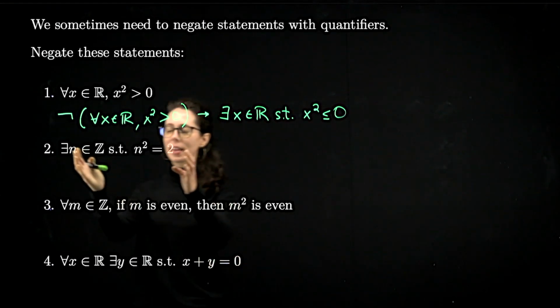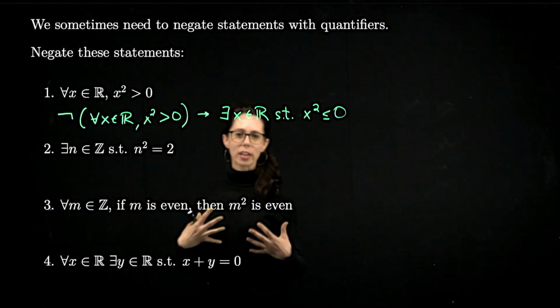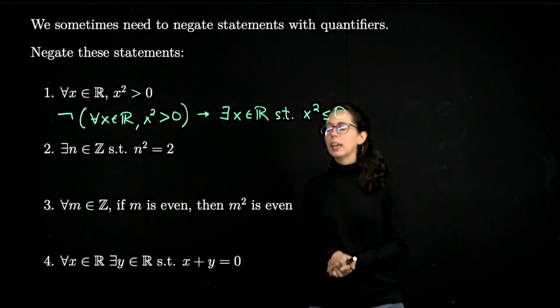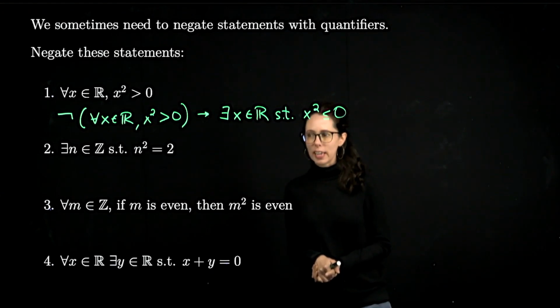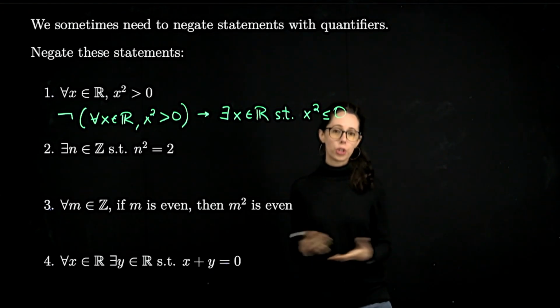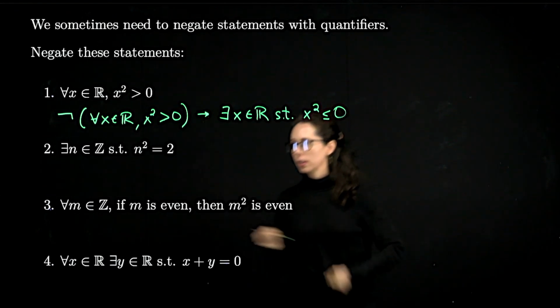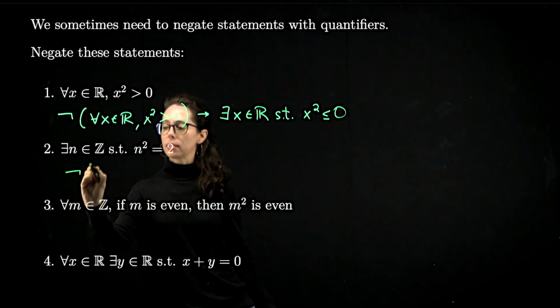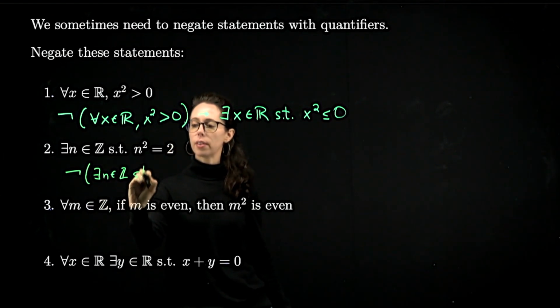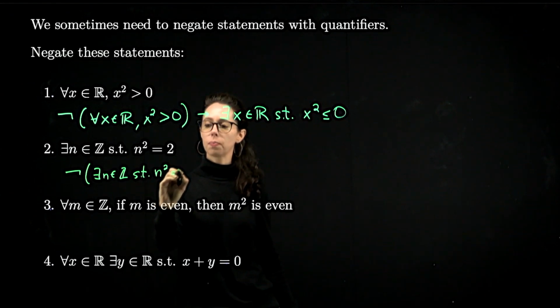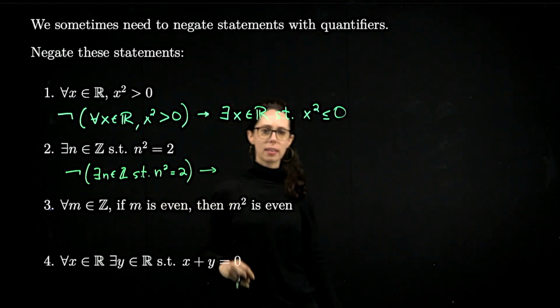So when we negate it, the final result should actually feel more true to us. Statement number 2 says there exists an integer n such that n squared is 2. Okay, we know that's not true. So it is not the case that there exists an n from the set of integers such that n squared is 2.